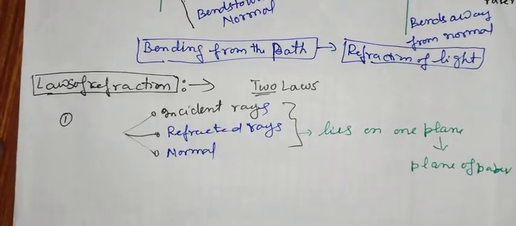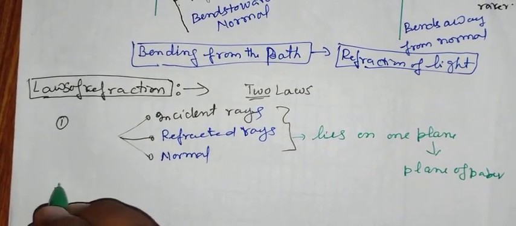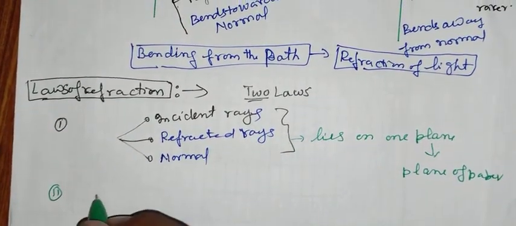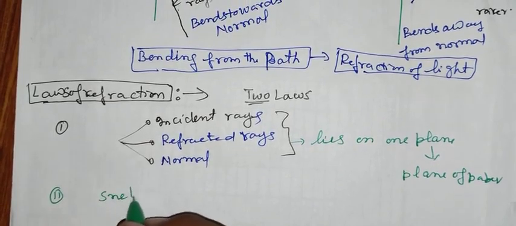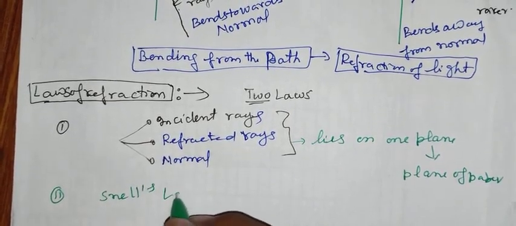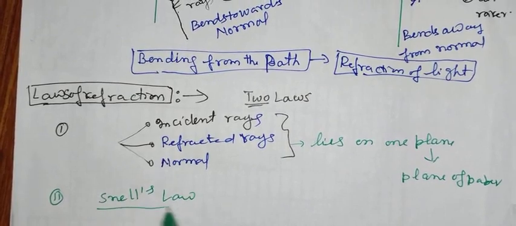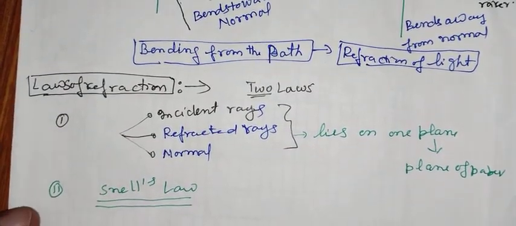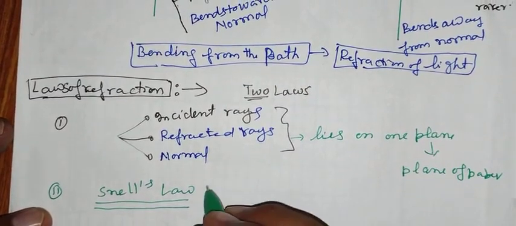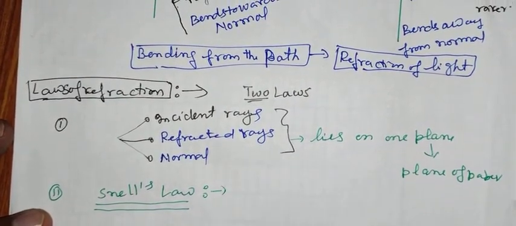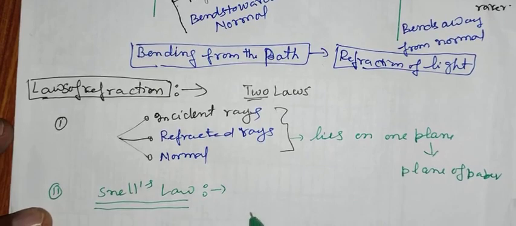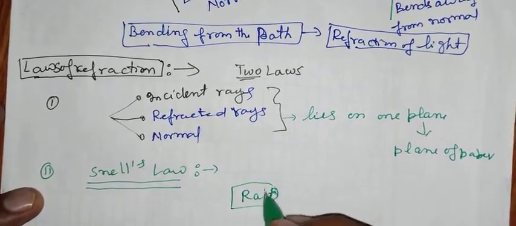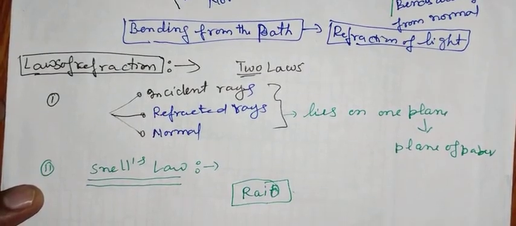Now we are going to see the second law of refraction. The second law of refraction is also known as Snell's law. What is Snell's law? Snell's law gives the mathematical form. Actually it gives a ratio. What is the ratio?